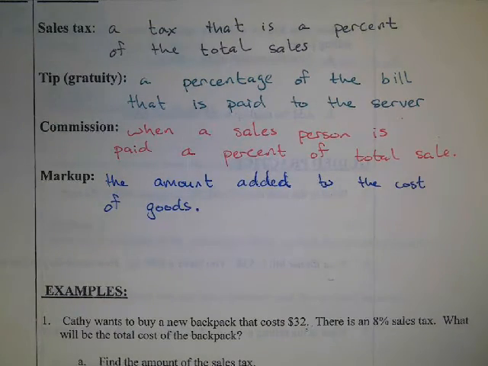So what this means is, if you own your own business, you have to purchase the items that you're going to sell. So there's a company that makes a bunch of stuff. Say you're running a camping store. You don't make the tents, you don't make the sleeping bags. You purchase a variety of them from the different companies that make them, and then you have to mark it up so you can make a profit. So you buy it for say $60, and then you would sell it for $80. So that's how markup works.